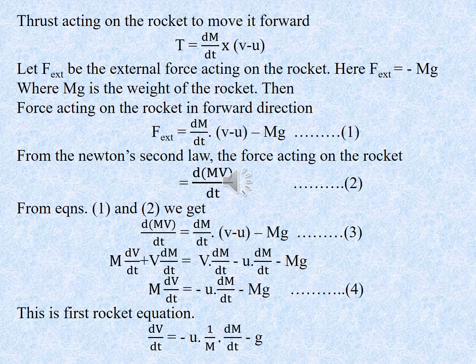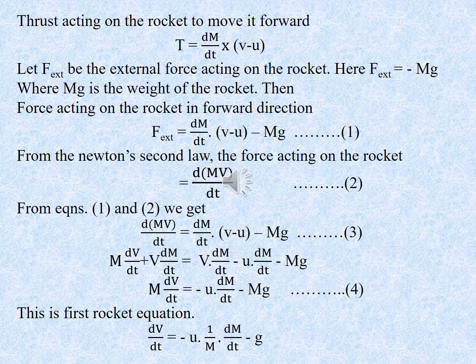We get m dv by dt plus v dm by dt is equal to v dm by dt minus u dm by dt minus mg. After cancelling, m dv by dt is equal to minus u dm by dt minus mg, that is equation 4. Equation 4 represents the first rocket equation.